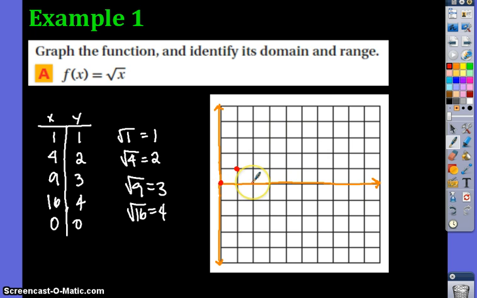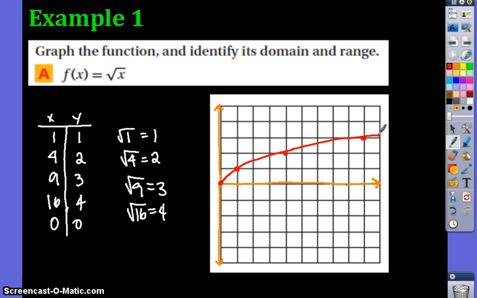We're going to have 4, 2. We'll have 9, 3. And then I can't go any further because my graph doesn't have enough room, but you can kind of see that that is what we have as our graph.